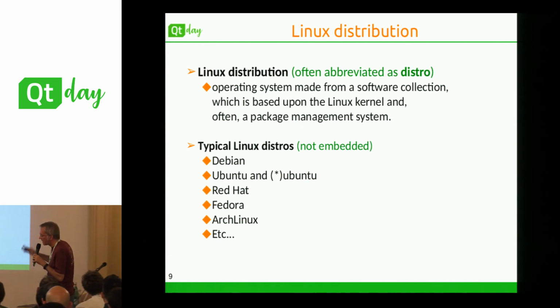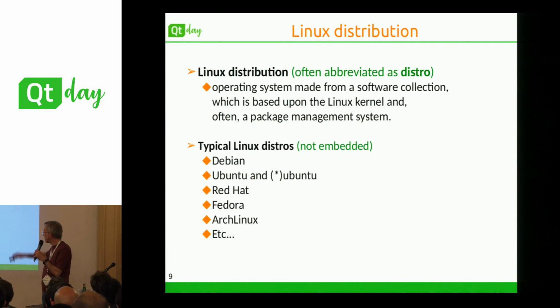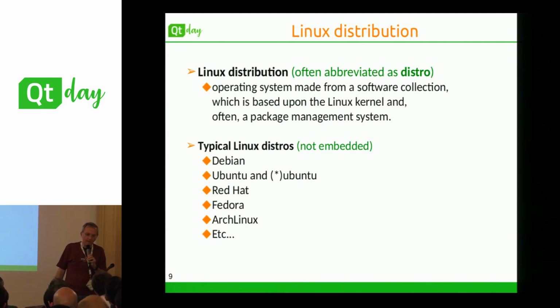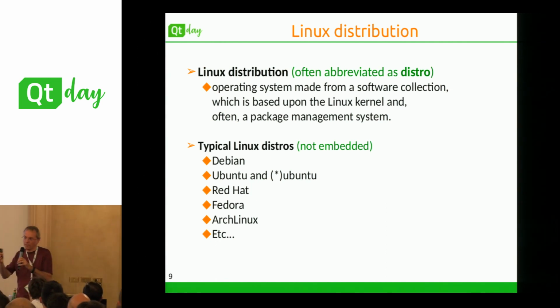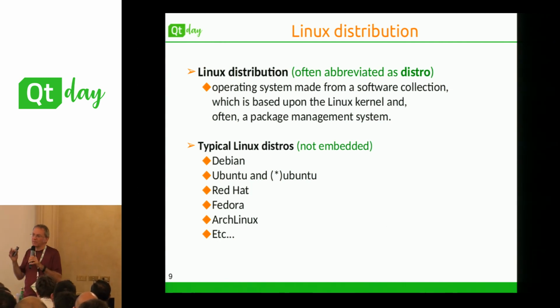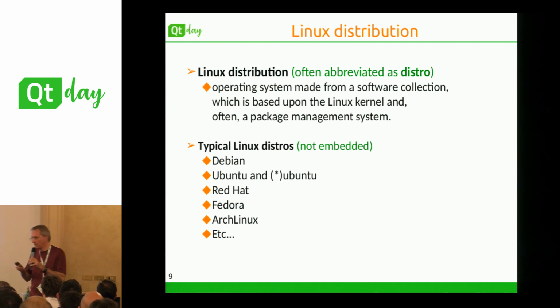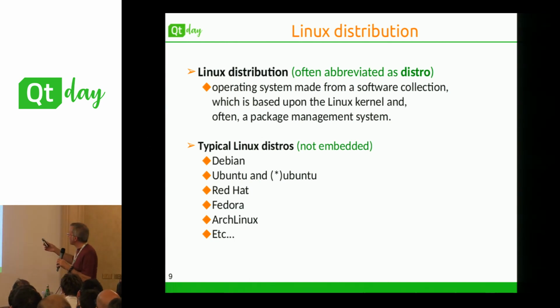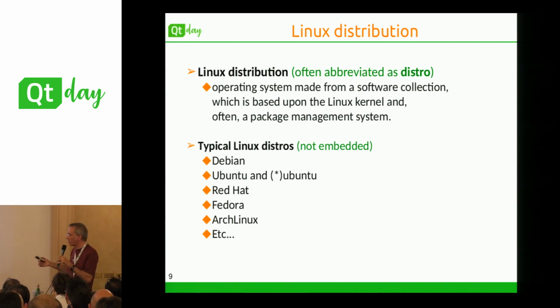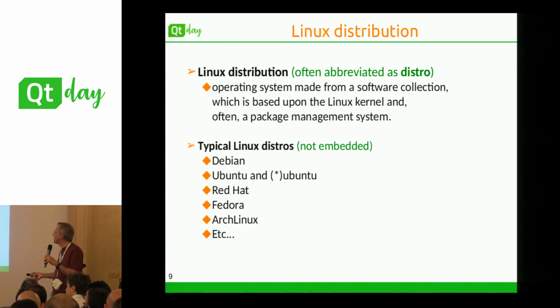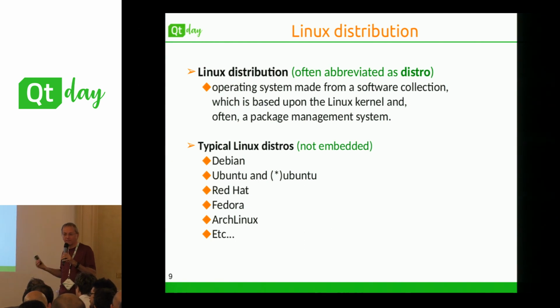The typical characteristic that differs between distributions is the set of components used to manage the graphics. And here we are entering into something that could be interesting for the Qt developer, because we can have a different weight of the libraries used for the graphical component, and so different possibilities to embed the system into real embedded hardware.